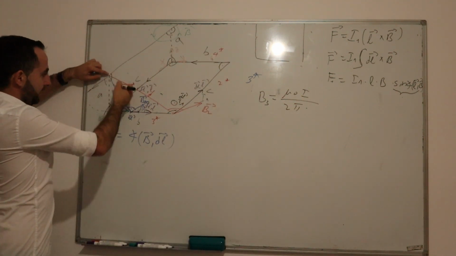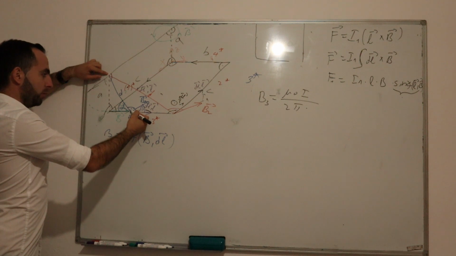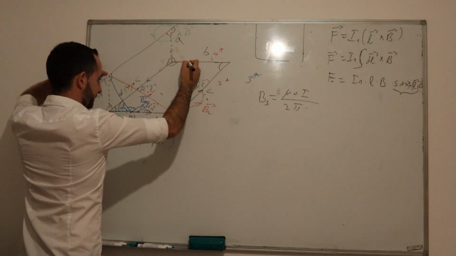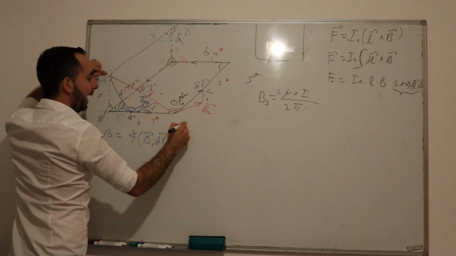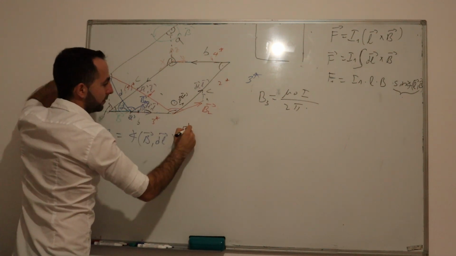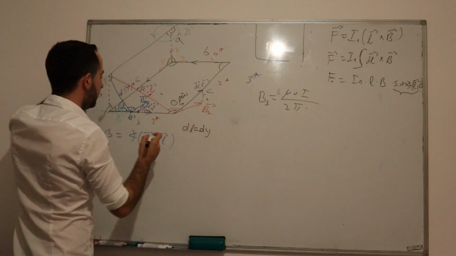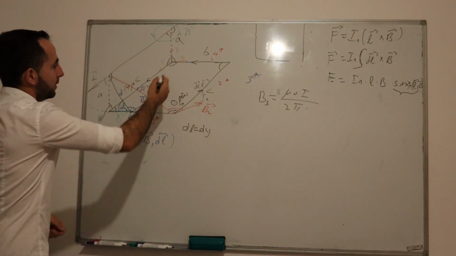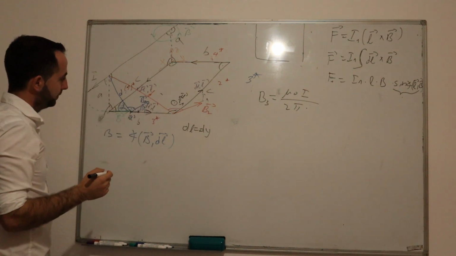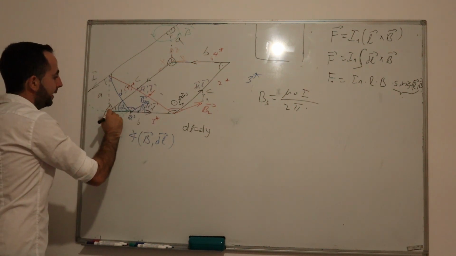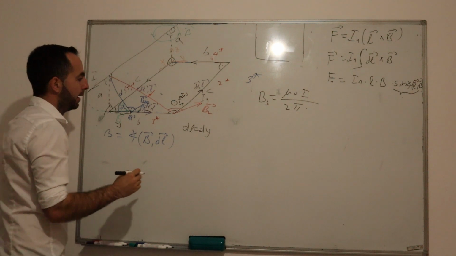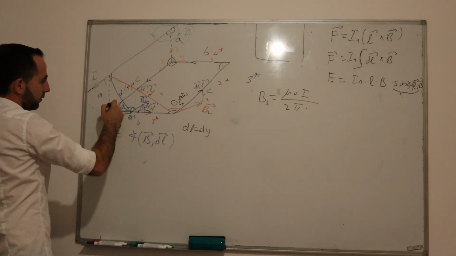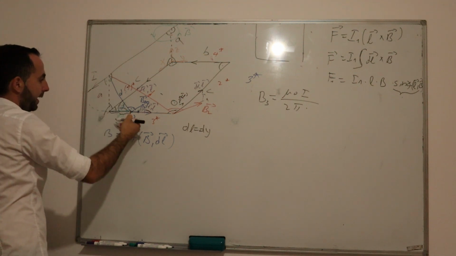The distance changes along the y axis, so our dl, an infinitely small part of the conductor, is actually dy, because we are moving alongside the y axis. So this here is y. It means that the distance is the hypotenuse of this right triangle with catheti a and y.